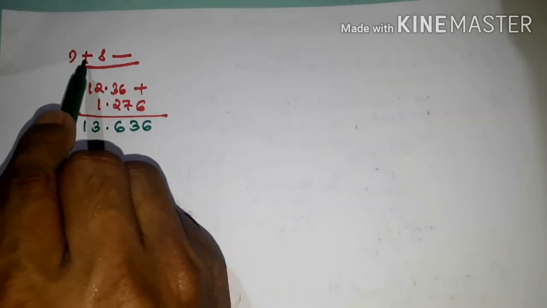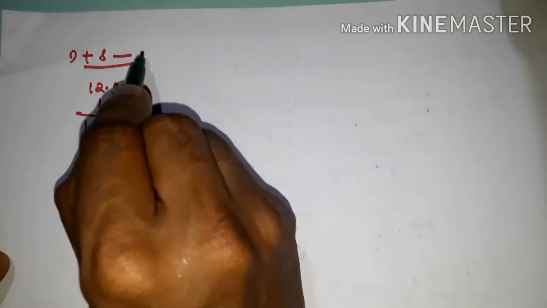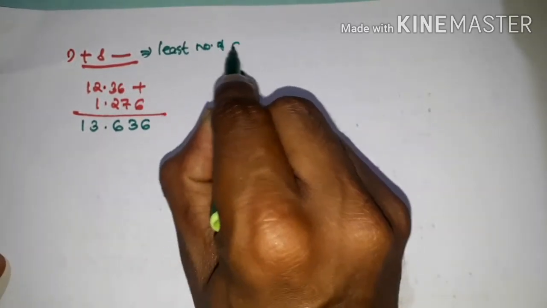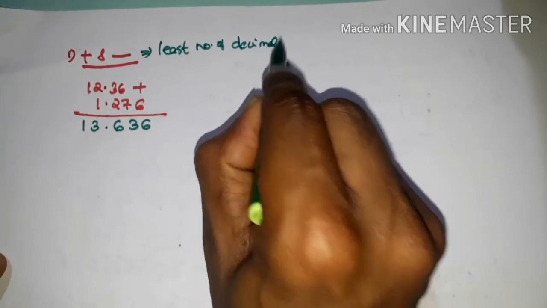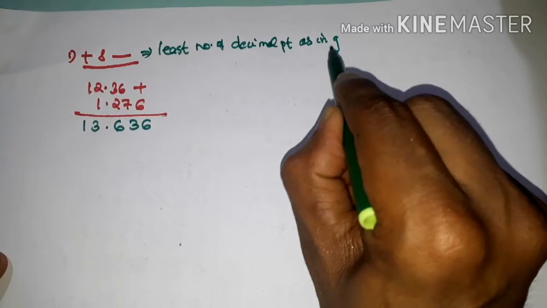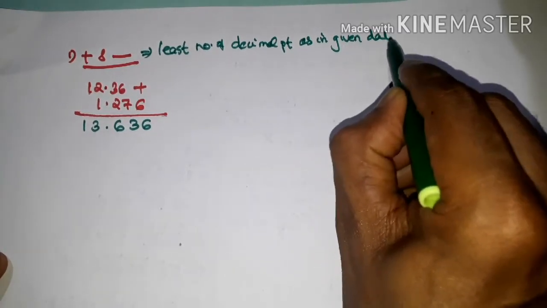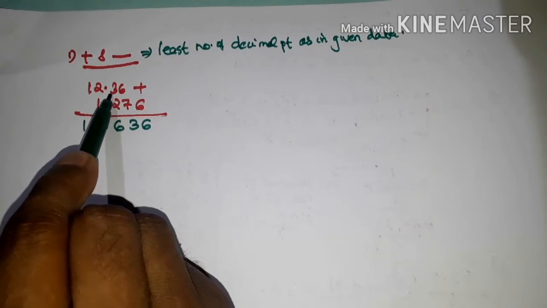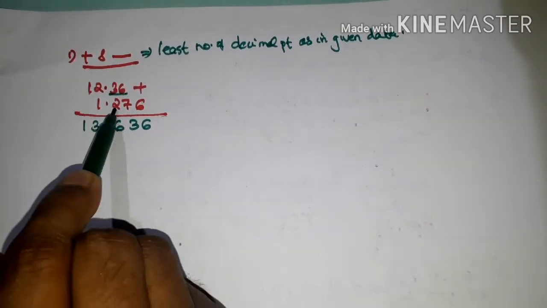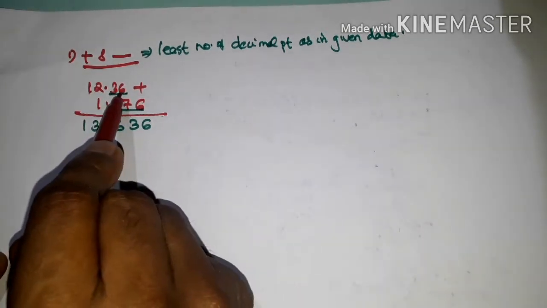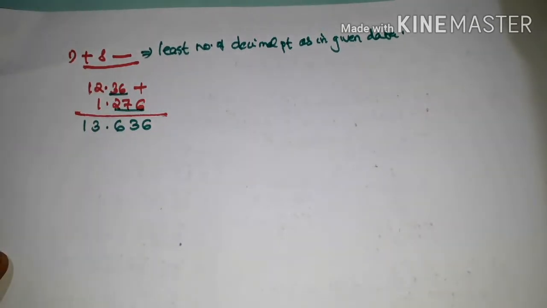But by adding or subtracting, the rule is the answer should contain the least number of decimal places as in the given data. So here 12.36 has 2 decimal places. Here 1.276 has 3 decimal places. So 2 decimal places is the least number.